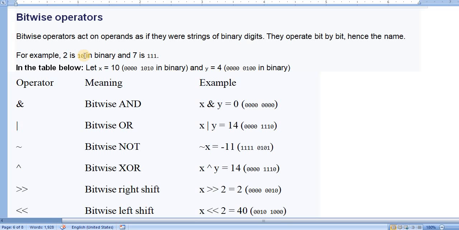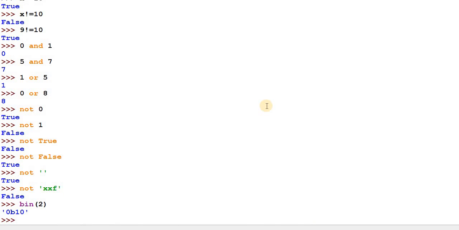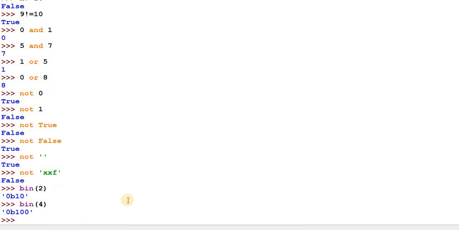So we can find the binary value using the bin function, which gives the binary equivalent of a value. Suppose I want the binary equivalent of 2, we get 0b10. And if you want the binary of 4, you will get 100.